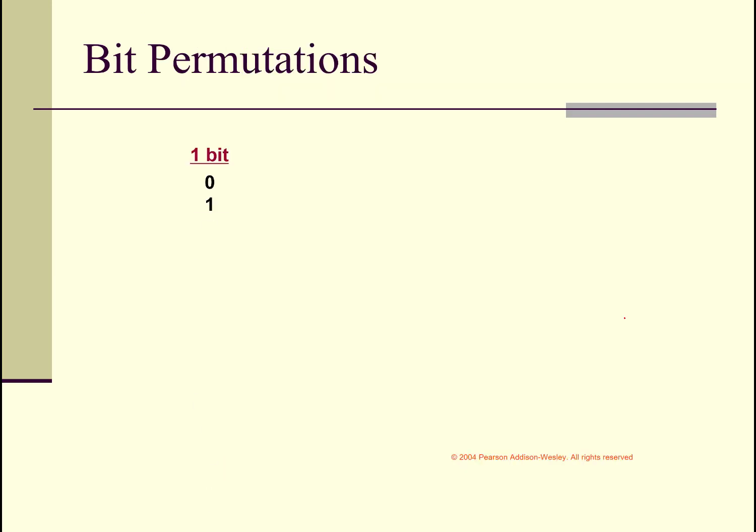Also the bit permutations are very important, and we went over them already, but let's stress more. If you have only 1 bit, you can have 2 representations, 0 and 1. If you have 2 bits, you can have up to 4 representations. If you have 3, up to 8 representations.